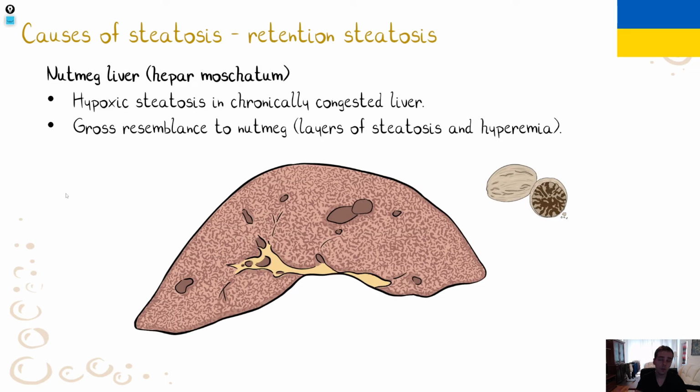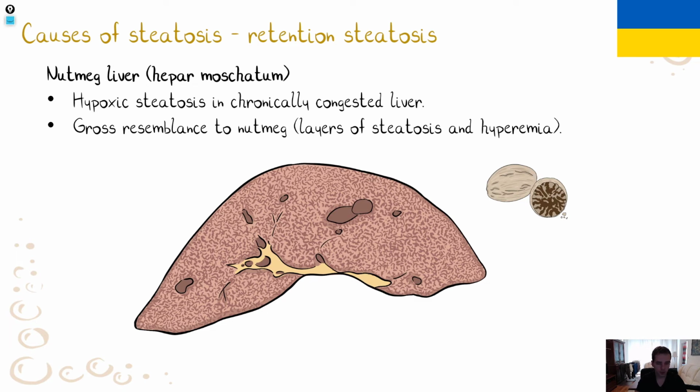And then we'll move on and we will talk about retention steatosis. We shouldn't forget that the cell can undergo steatosis not only because it's intoxicated by something, but very often simple hypoxia can create steatosis, which is quite common. Typically you can see it in liver, for example, as a consequence of chronic congestion, chronic venostasis.